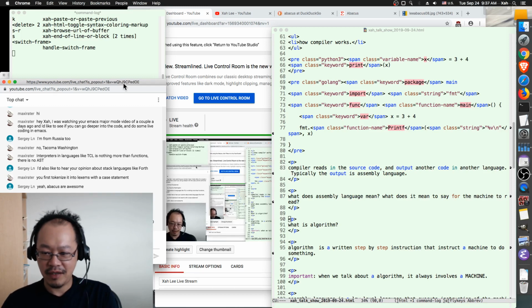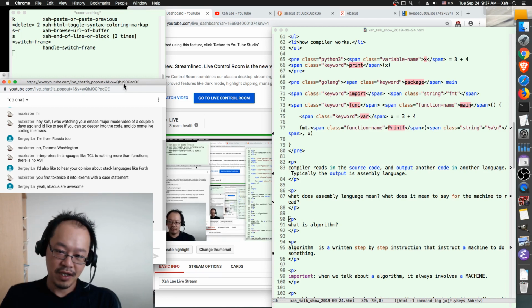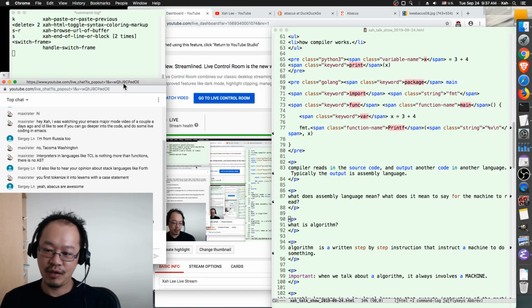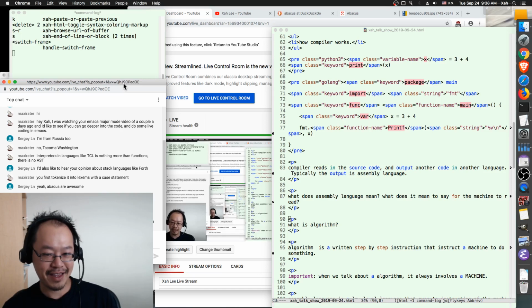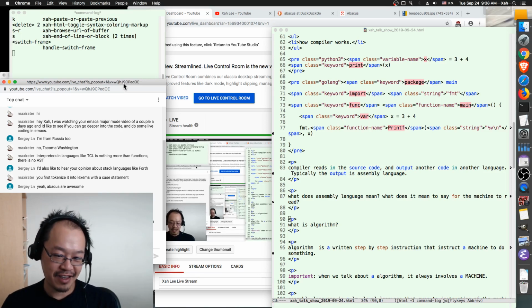An algorithm always involves a machine, because what is the algorithm for, for example, 1 plus 3? Where is a machine? When you do 1 plus 3, or suppose you want to sort a bunch of numbers, 1 to 5. You have 5 numbers, 1, 2, 3, 4, 5, and they are randomized. You want to sort them. Where is the machine? The machine is a virtual math machine. The machine is math.